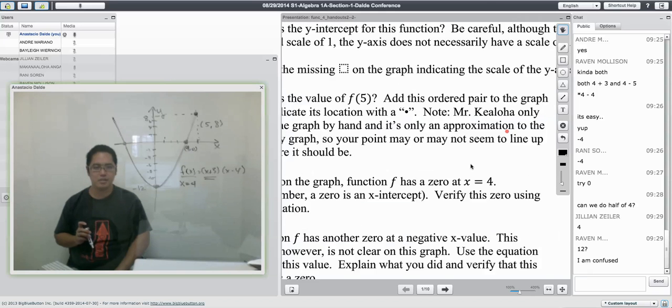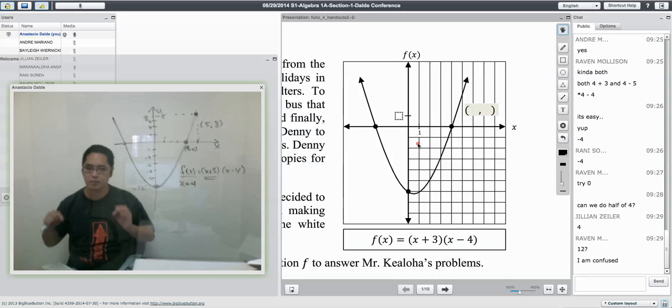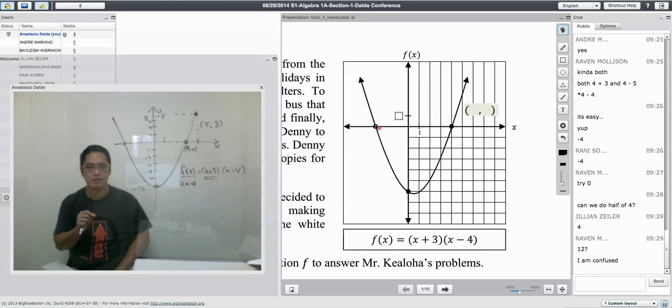All right, here's another hint too. You can look at the graph. What we're trying to find here is what values of x give me 0 for my y values. We figured out that x equals 4 is one of my answers. There is another point on this graph, right there, where y is equal to 0 as well.